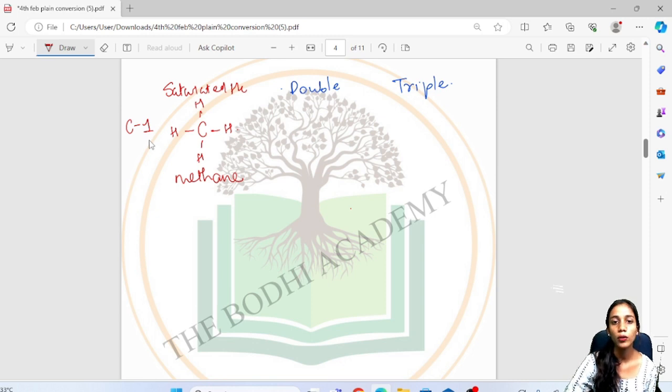Now for this compound you will not have double and triple bonds because there is only one carbon. You can have double bonds between carbon and carbon, not between carbon and hydrogen. So you will not have a double bond for this compound. Next we go to C2, which we have already seen.